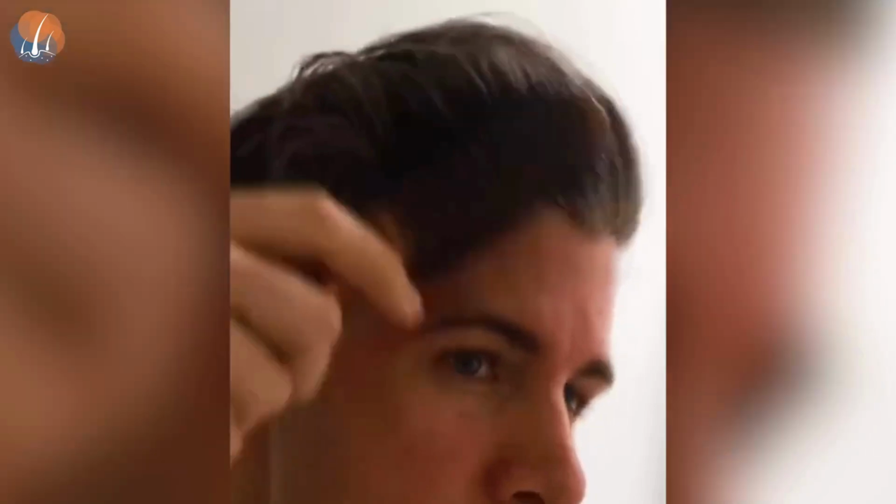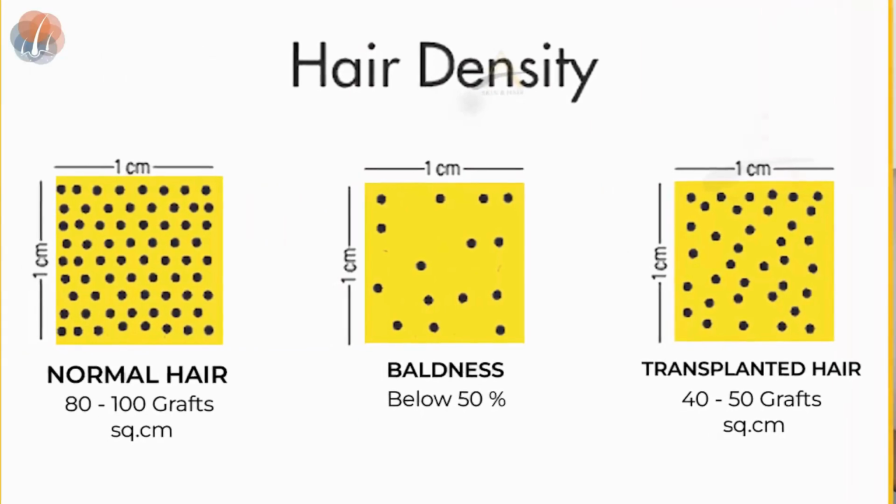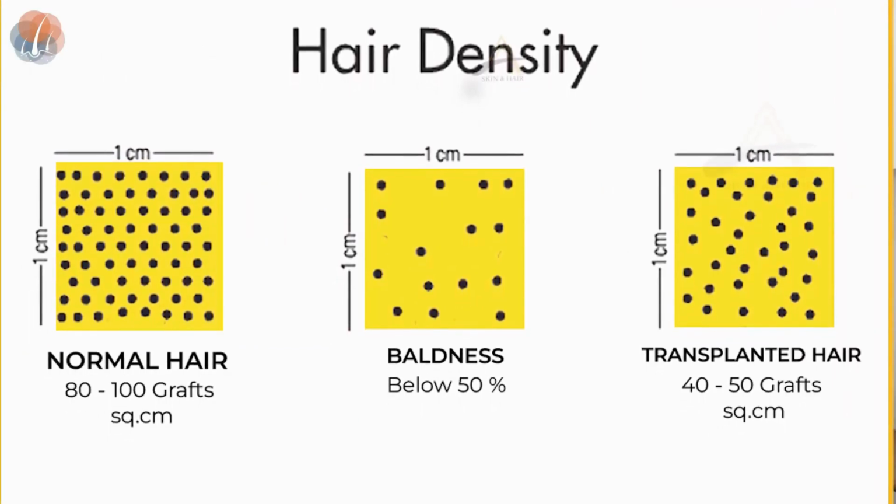Next, your expectations should be realistic. People send photographs with reference, saying they want to get the original density they used to have in their early 20s. You have to understand that in hair transplant, the density that we try to achieve is not the original density. The density that you achieve in hair transplant is known as the cosmetic density.